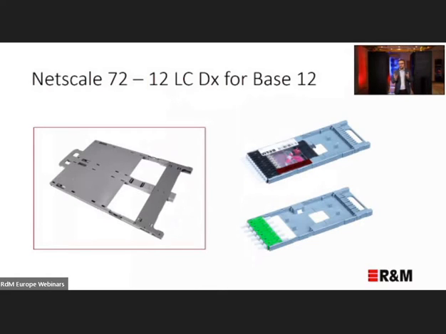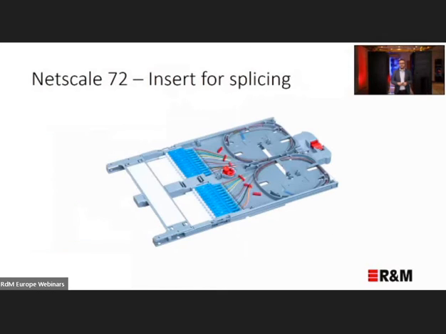Modules with 12 ports will work with the most standard application, which is 10 gigabit. Splicing can be done on a specially designed insert with a capacity of 24 ports, and by the way, the multi-mode version is equipped with OM4 pigtails.